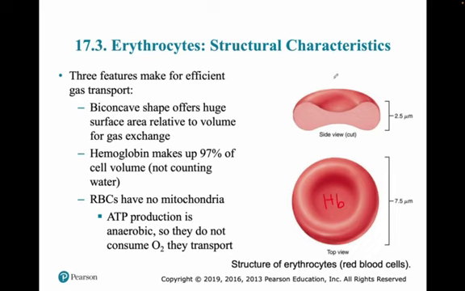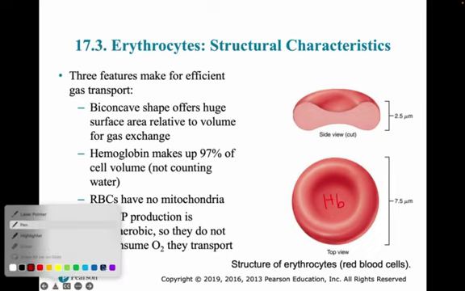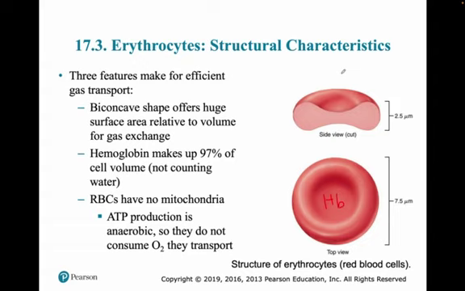Again, you can see cave number 1 and cave number 2. This is cut in half and the whole diameter is 7.5 micrometer, really small, right? Because it has this extra dip in its shape, that gives it extra area for gas exchange, right? So hemoglobin makes up 97% of cell volume, and then there's a little bit of water in there too.